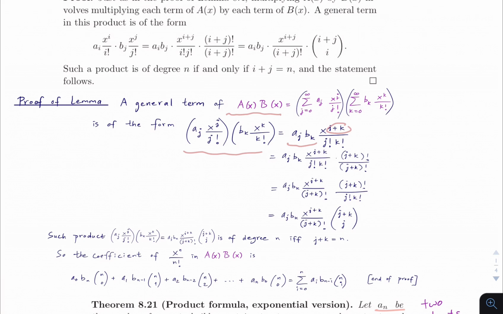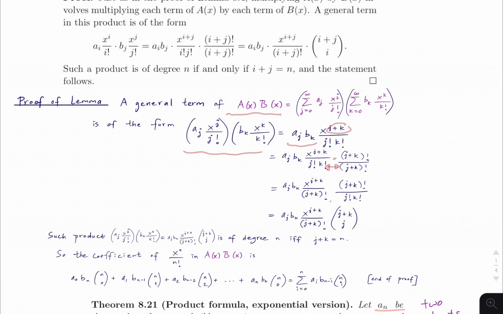Now in order to get to what we want, which is something with a binomial coefficient, I will multiply this by 1 and write the 1 as j plus k factorial over j plus k factorial, and I basically switch the position of these two.